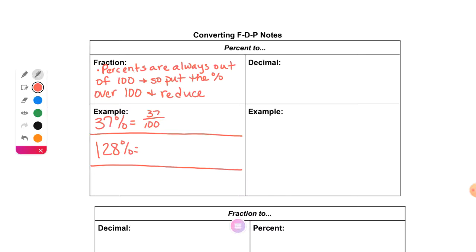Brady? 128 over 100. Yeah, we would start with 128 over 100, and then we know enough about fractions to know that's not the best final answer. Brady, what goes into both of those numbers? 2. Okay, and I'm actually going to go higher because I know 4 goes into them. So I'm going to divide them both by 4.